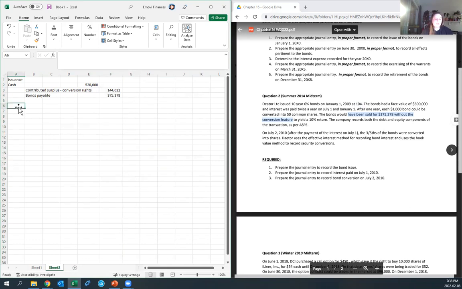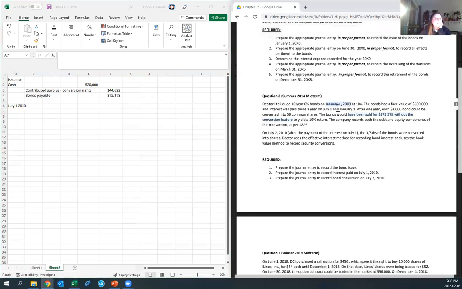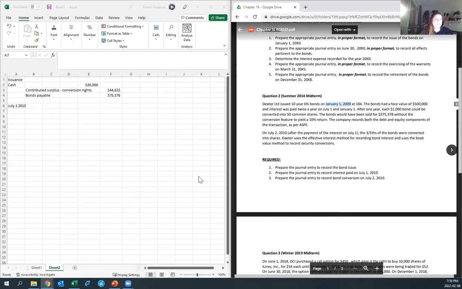For the entry on July 1st, 2010, you're going to want to record your interest expense, your increase or decrease in bonds payable, and your cash payment. So I'm going to do a little amortization schedule because there's like a year that passed, I think. January, no, 4 payments that passed since. Yeah.